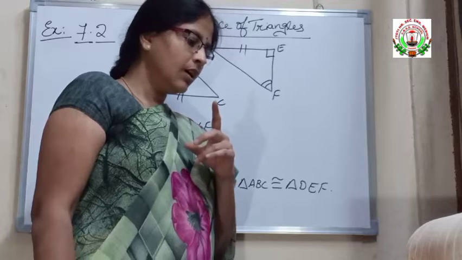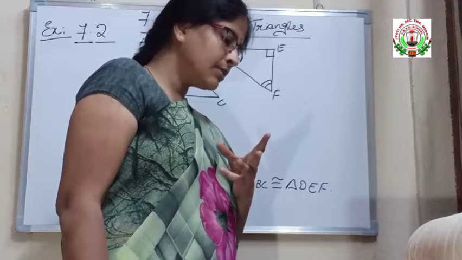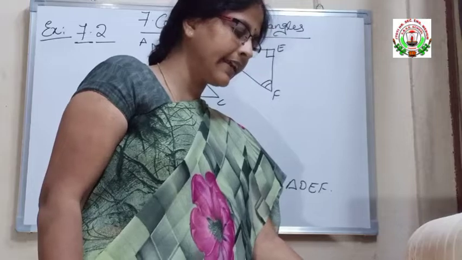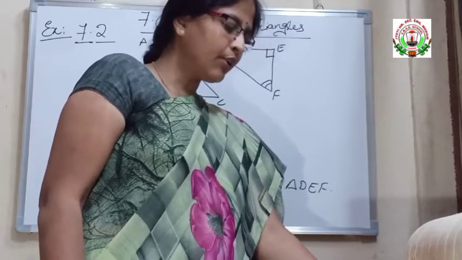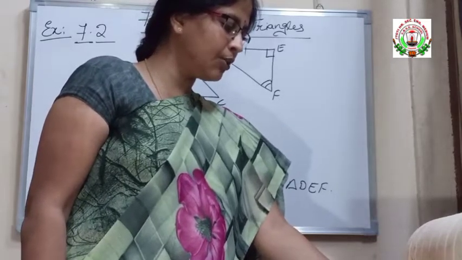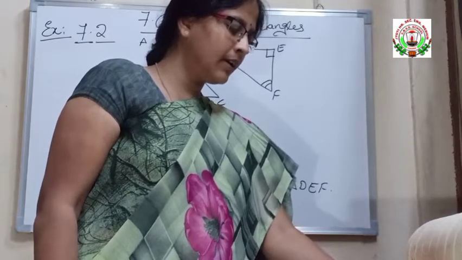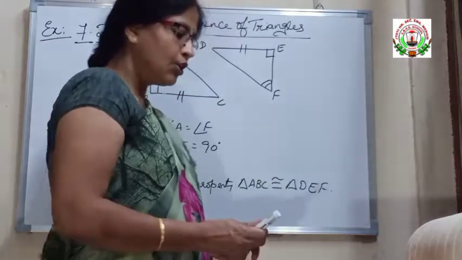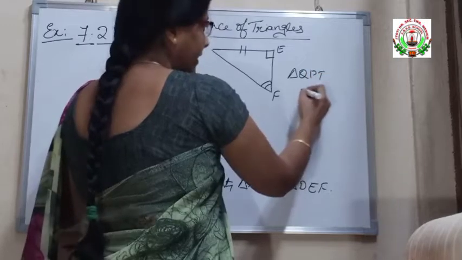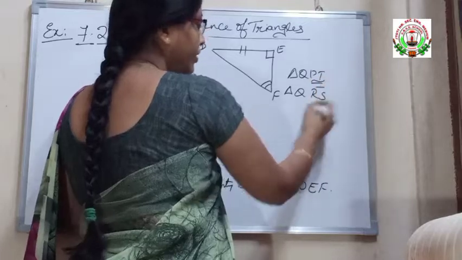In that also angles are given common, sides are given common. So you can use side angle side property, next angle side angle property also, for you to say that those two triangles, that is triangle QPT and triangle QRS, are congruent to each other.